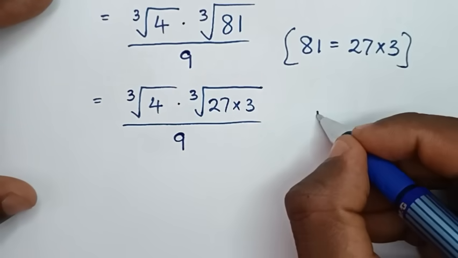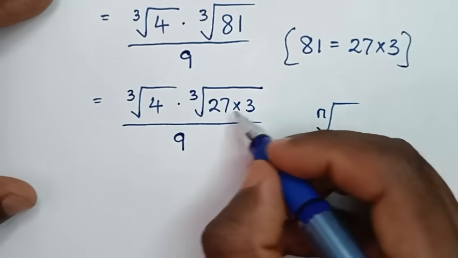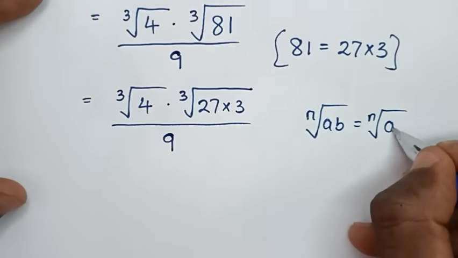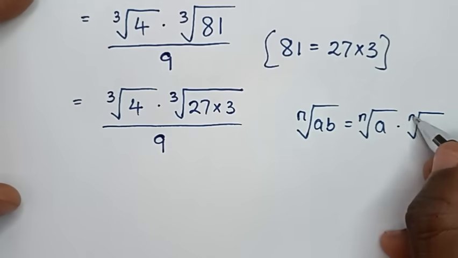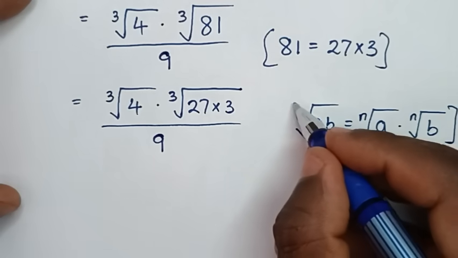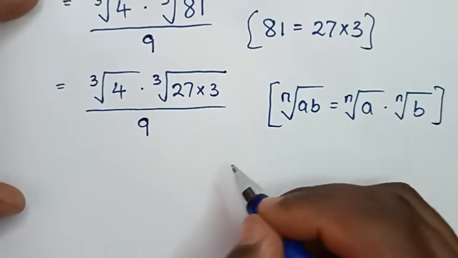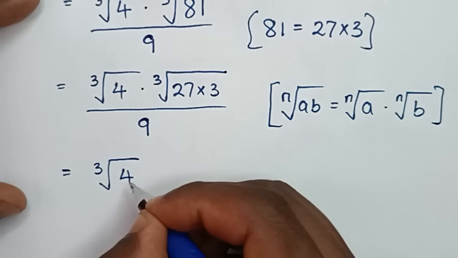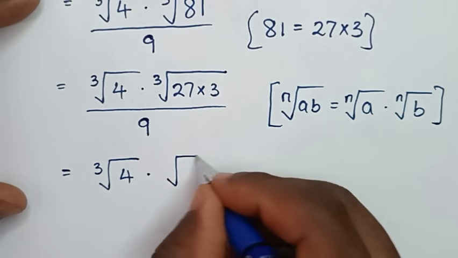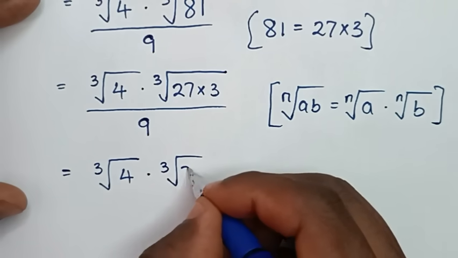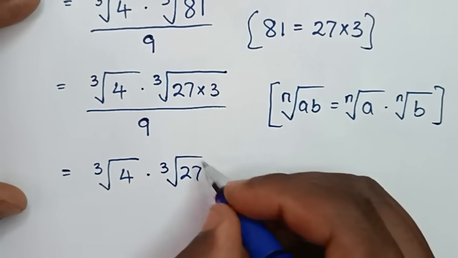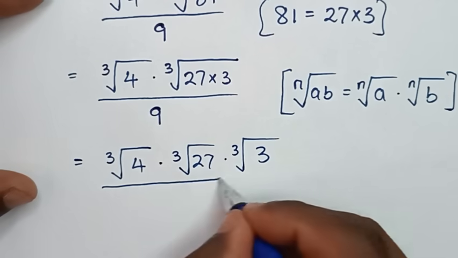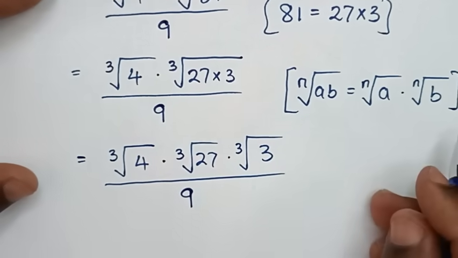Then in the next step, this part is in the form of the nth root of a times b, which is equal to the nth root of a times the nth root of b. So it will be equal to the third root of 4 times the third root of 27, then times the third root of 3, then over this 9.